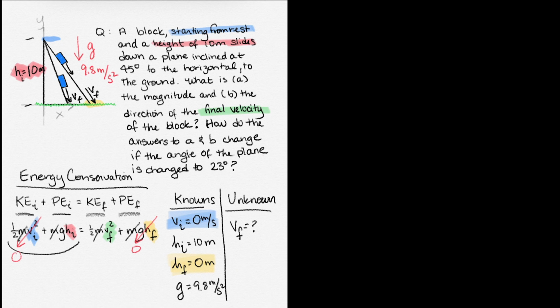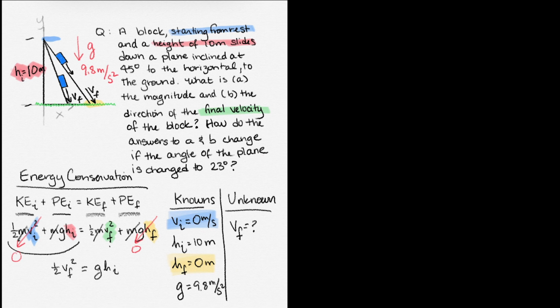That leaves us with just the initial potential energy term and the final kinetic energy term. I'm going to switch the order so that the V sub F term is on the left. So that's 1/2 V sub F squared equals G times H sub I.